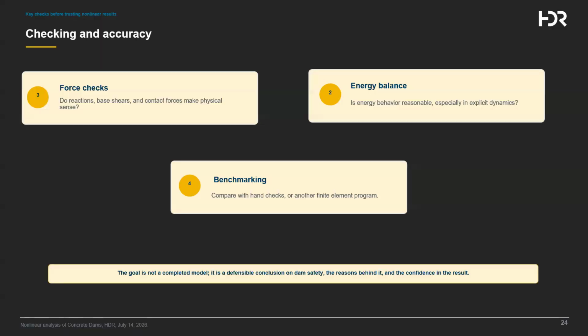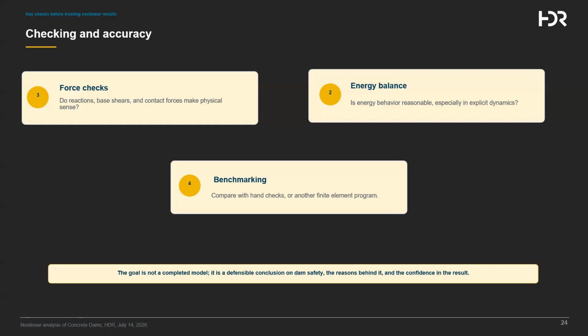And before relying on nonlinear results, we should do basic checking and accuracy review. We should review force checks in case of dams, including reactions, base shears, and contact forces. Another important check is energy balance, especially for explicit analysis of dams.